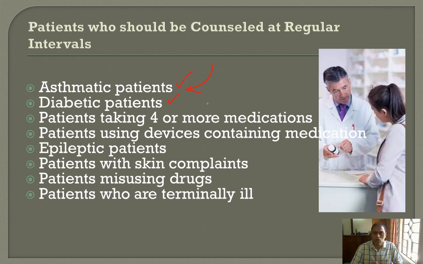Many patients do not know how to use these glucometers. So in that case, the pharmacist needs to help the patient in how to operate such machines. The same thing goes for the blood pressure monitor. There are blood pressure monitors available in the pharmacies.